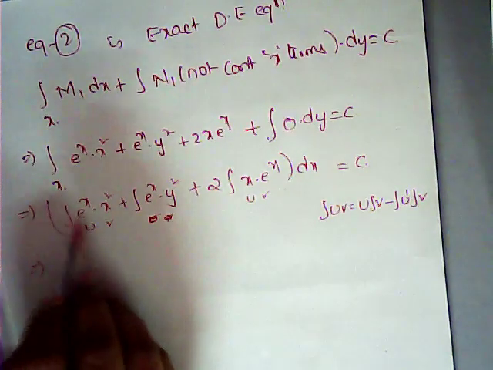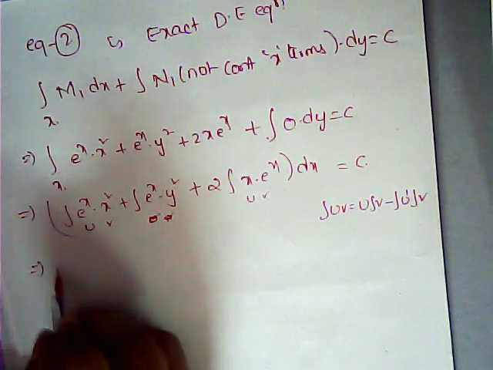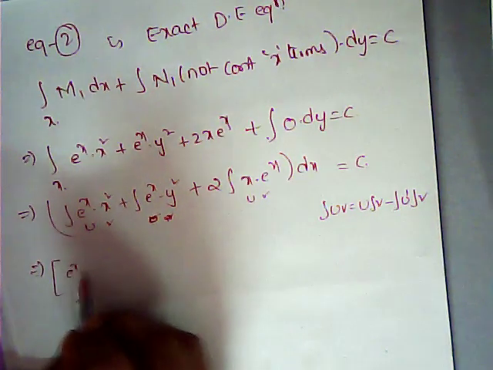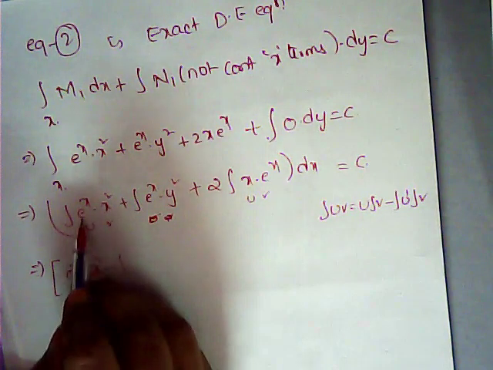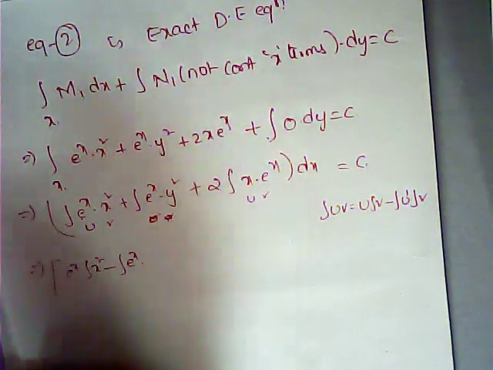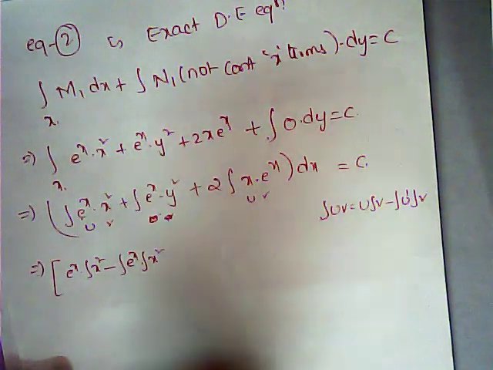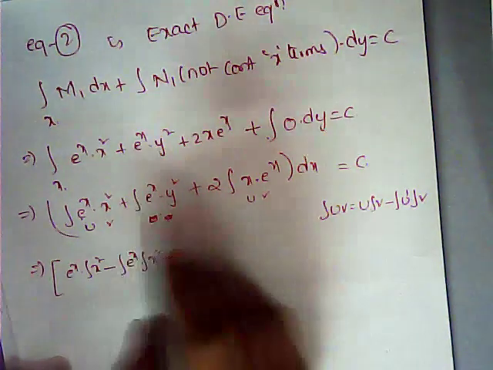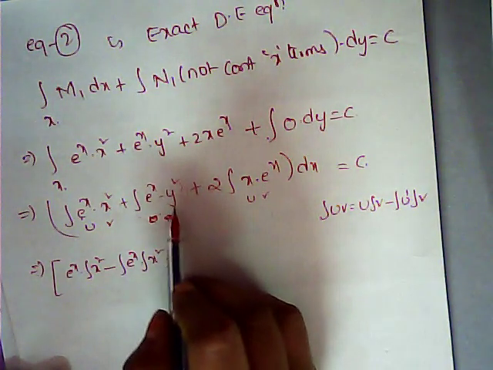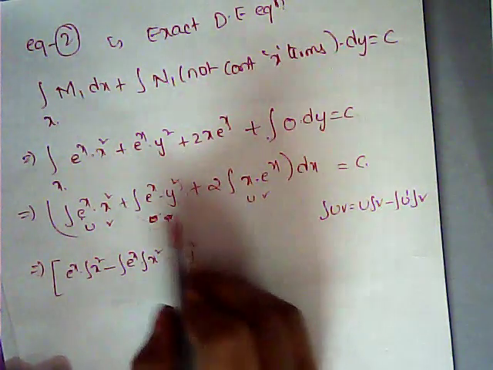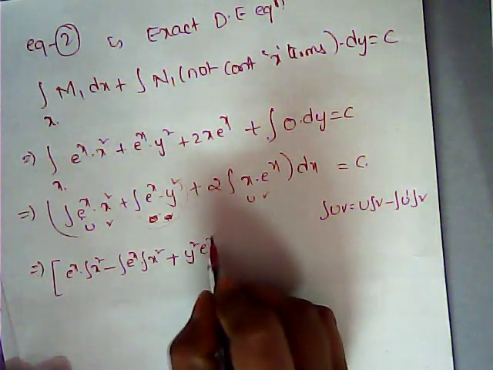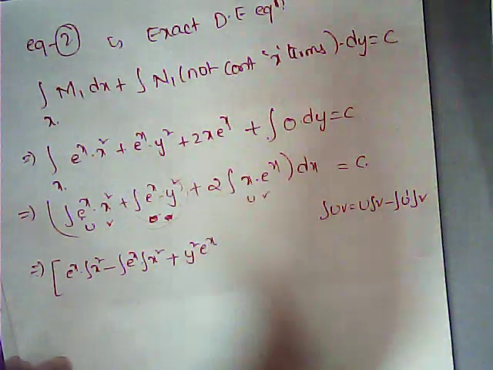I have taken u as e power x here. So what is it? e power x into the integration of x squared, minus the derivative of u, which is e power x, into the integration of x squared. Coming to the next term, y square is treated as a constant, so it is taken as it is, and the integration of e power x is e power x only.